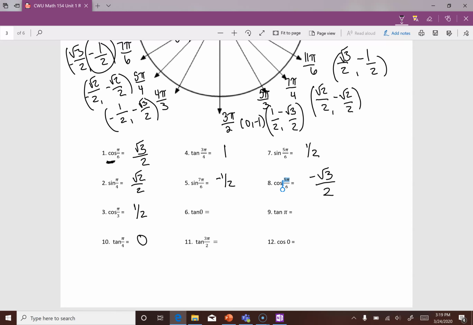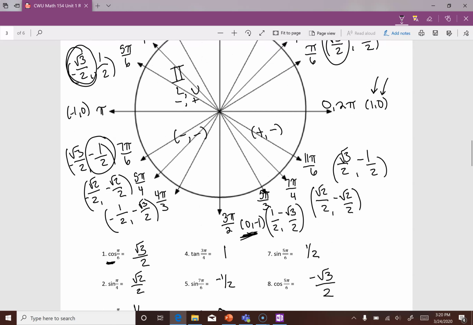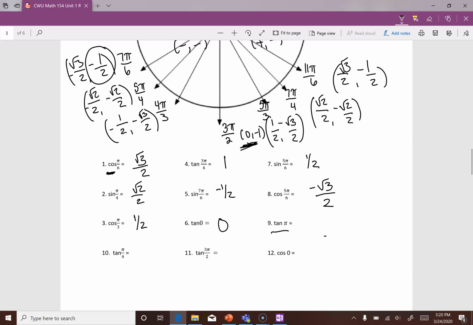All right, tangent of 3 pi over 2. For this one, I go to this coordinate right here, and I'm going to do a negative 1 divided by 0, which is 0. Tangent of pi, I'm going to go to pi right here, and I'm going to do 0 divided by negative 1. That's a 0.